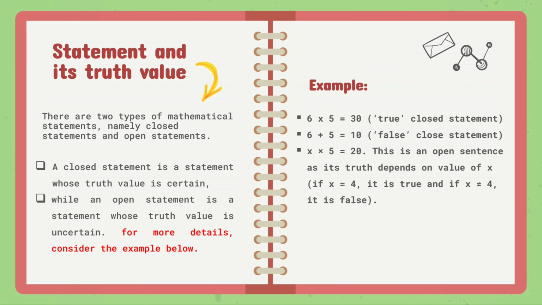And x multiplied by 5 is 20. This is an open sentence as its truth depends on the value of x. If x is 4, it is true, and if x is not 4, it is false.